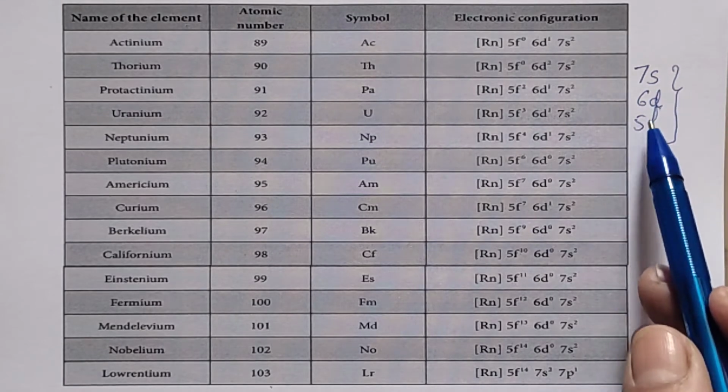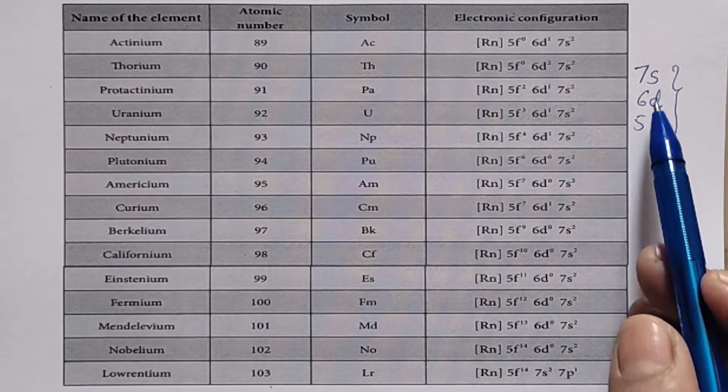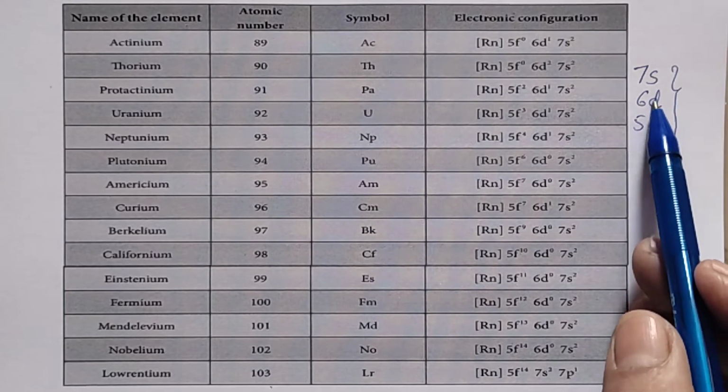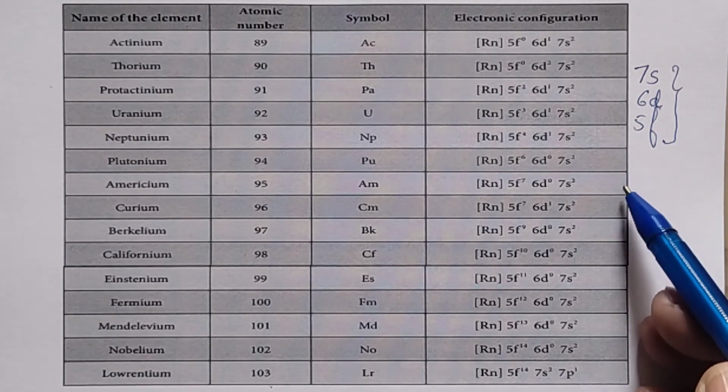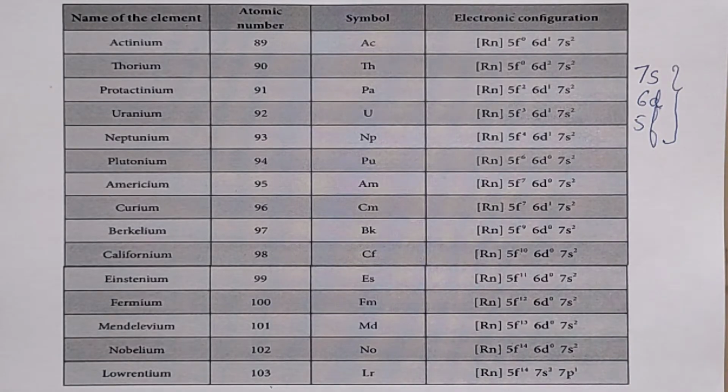The last ones get mainly affected. These two energies are almost comparable, and at times 5f becomes lower and at times 6d becomes lower than 5f. So just check the configuration. Here again in the last one you have 6d1, 7s2, 5f14, the last element.